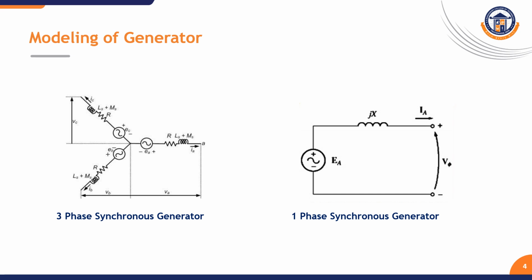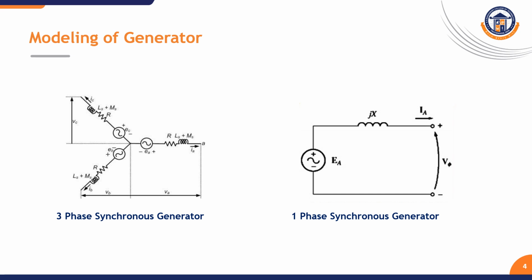It gives the voltage EA, which is the voltage generated by the synchronous generator, and the synchronous impedance ZS, normally the combination of synchronous resistance and synchronous reactance. Normally the synchronous resistance is neglected because of its lesser value compared with the synchronous reactance. So the modeling of the synchronous generator is simplified like this.